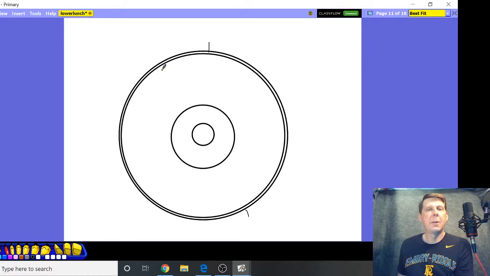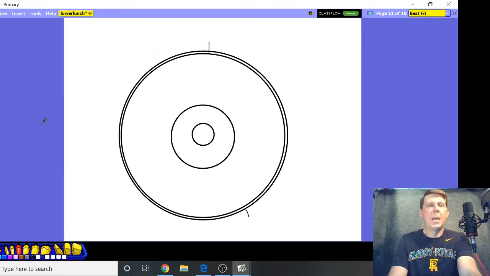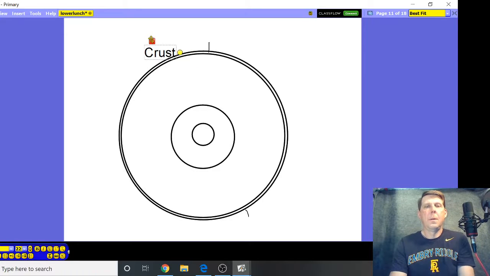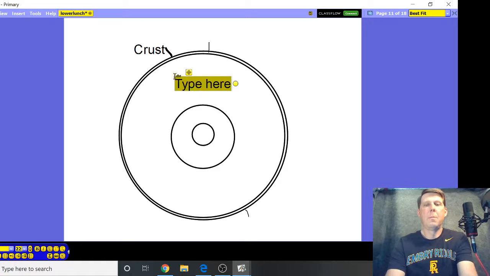Let me just label this crust. We'll type, because you know my handwriting. This is the crust, that outer layer right here. Here, if you remember from long ago, this is the mantle.